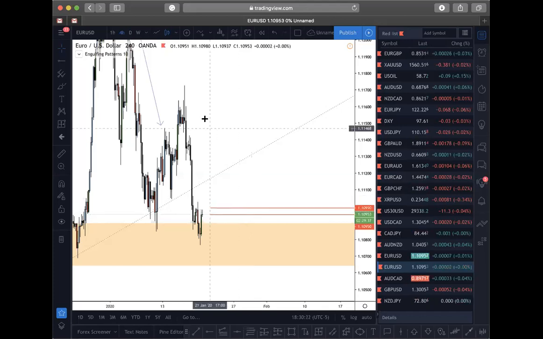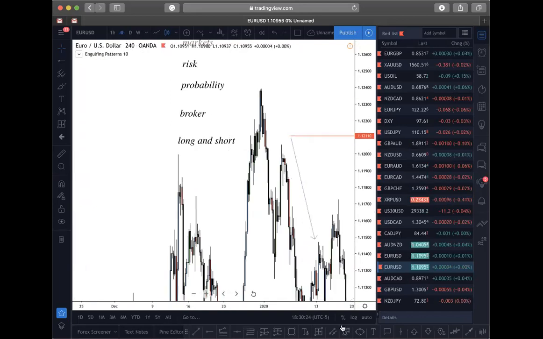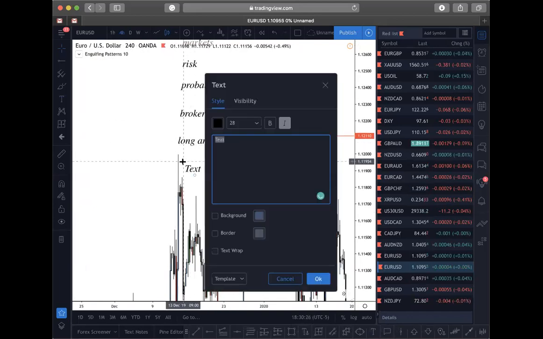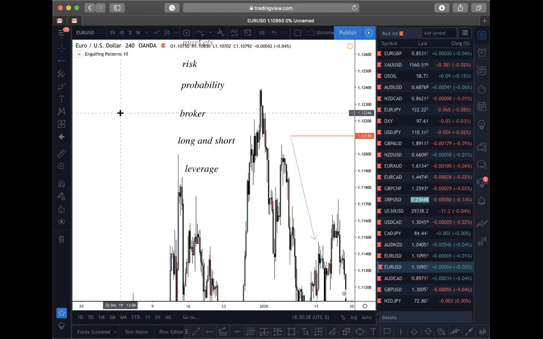So then we have leverage, right? Leverage is kind of self-explanatory, meaning whenever we're trading, the money we put in our trading accounts, we use maybe 500 times that amount.